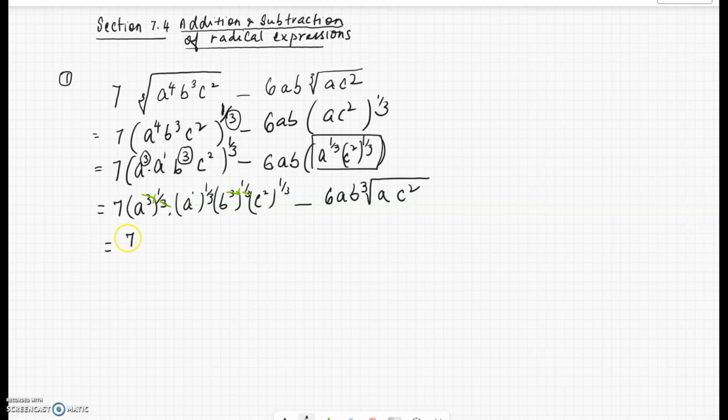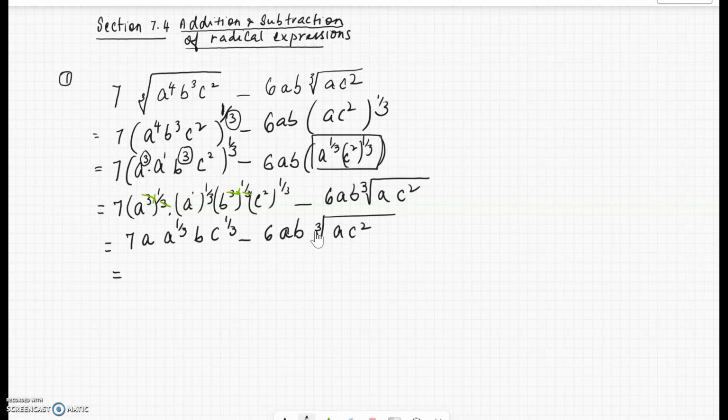So we have 7A, A to the 1/3, B, C to the 1/3, minus 6AB. Oops, that's not a B cubed. That's an AB, and that's the 3rd root of AC squared.